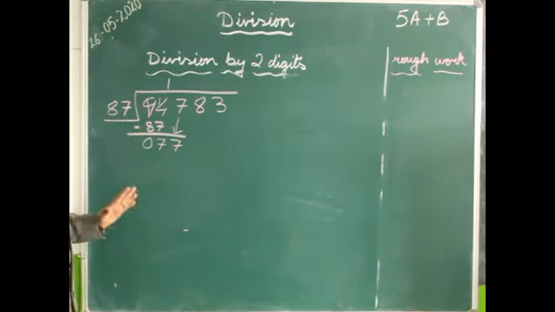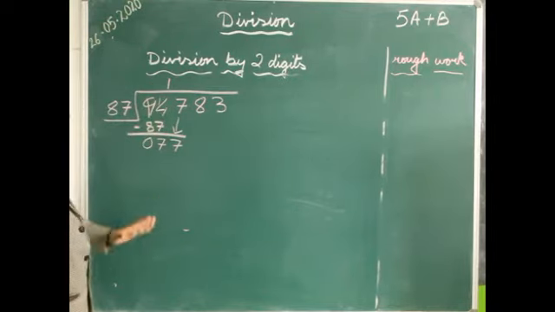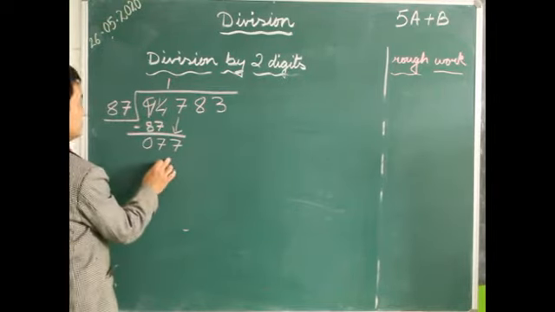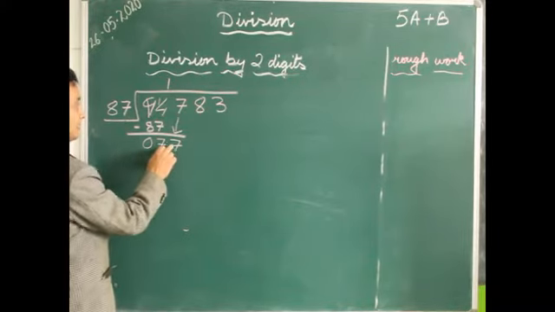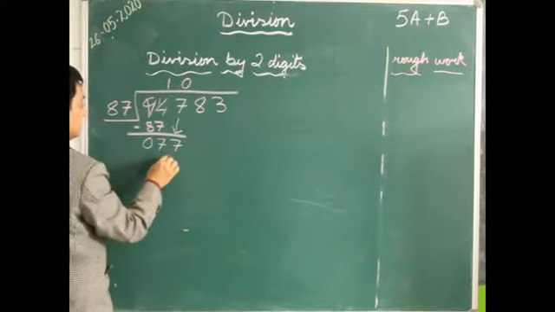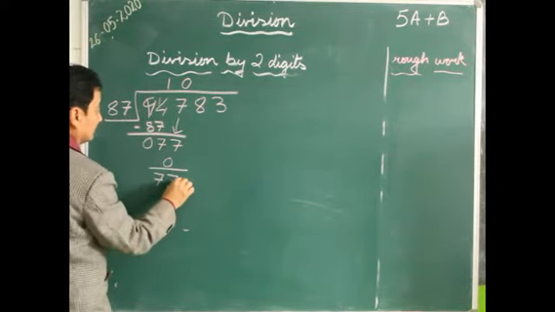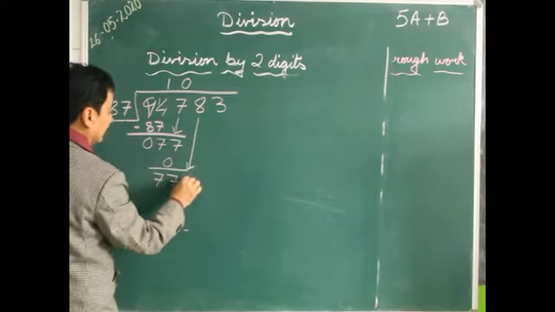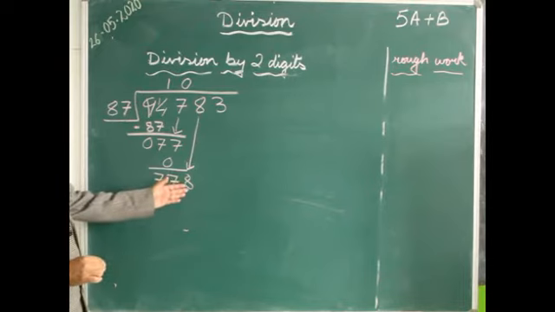Let's do it the simple way. When you bring down a number, you have to try and divide it. So 87 will go into 77 how many times? It cannot go 1 time because it will become bigger. So zeros are 0. 7, 7, bring down 8. Okay? So we've got 778.